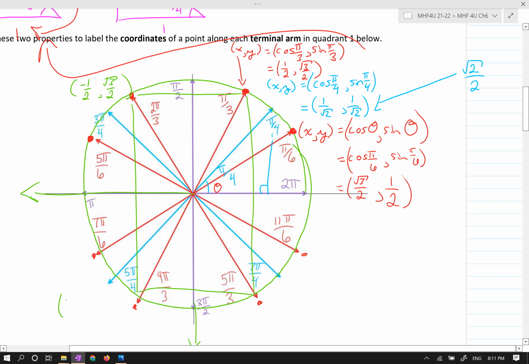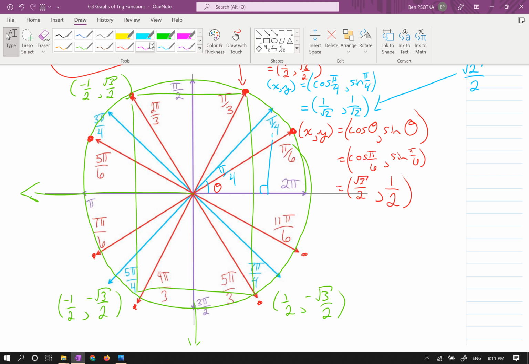So we can fill that in right here. We're working with negative 1 over 2 and negative the square root of 3 over 2. Fantastic. Then you should be able to fill in right here. We're working with positive 1 over 2 and negative the square root of 3 over 2. Nice and easy. It fills out. We're taking advantage of symmetry.